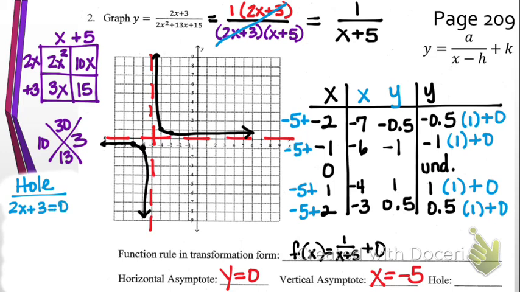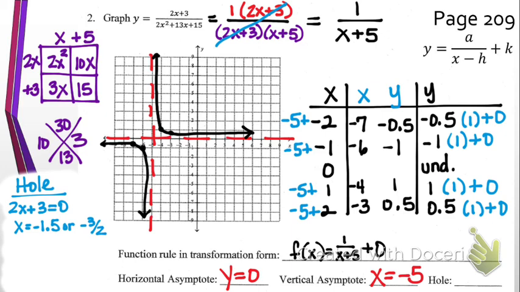Subtract 3, divide by 2. And when you subtract 3 and divide by 2, you should get x equals -1.5. Or you could say -3/2.